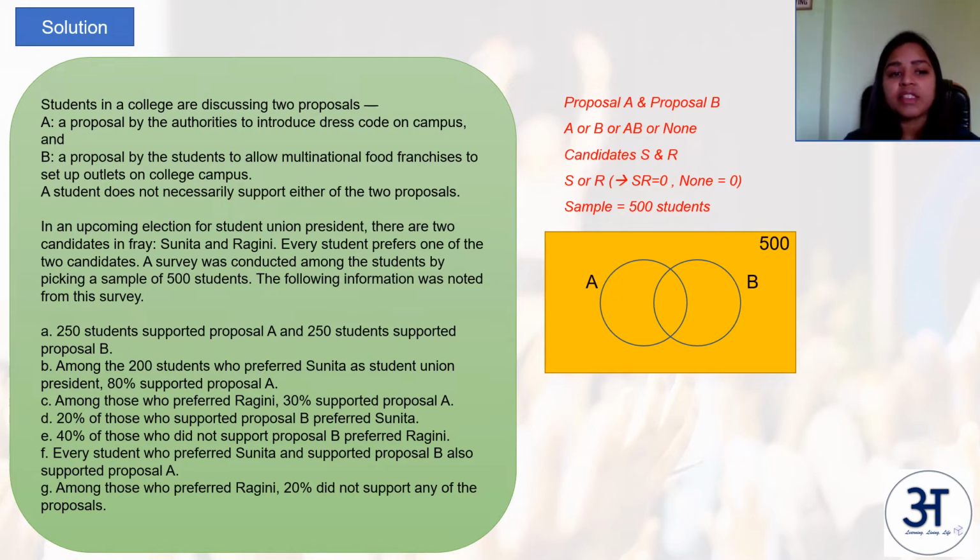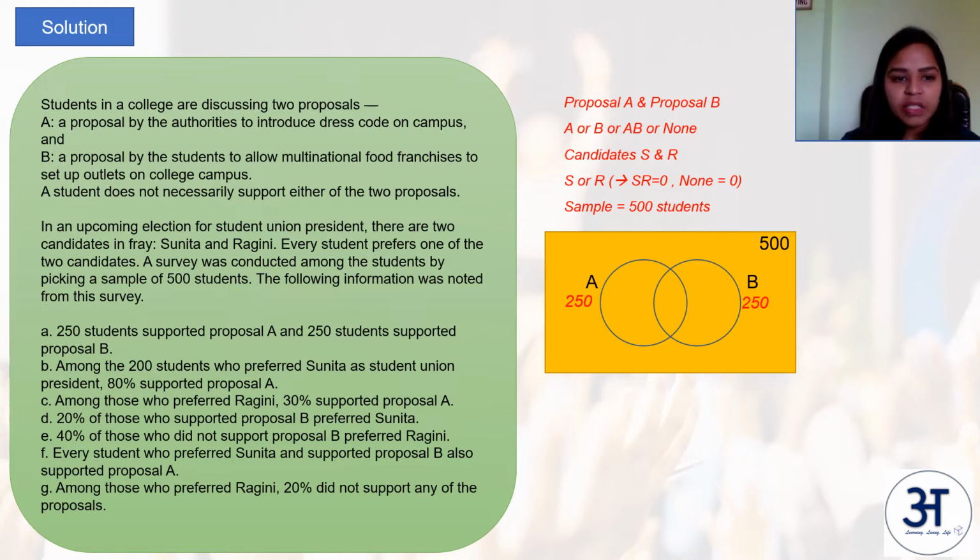So N of A is 250 and N of B is 250. We still don't know the number of students in the intersection.